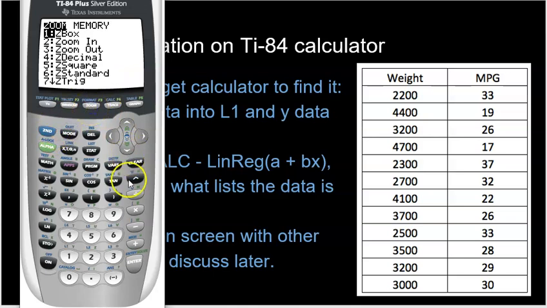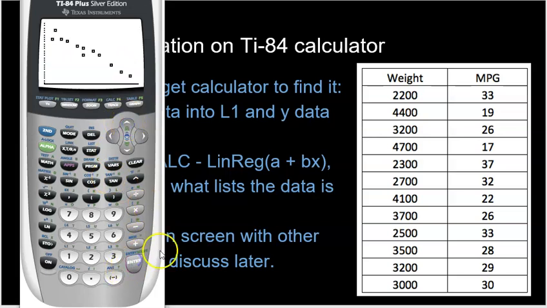And then remember Zoom 9. Zoom 9 is ZoomStat that actually zooms in on anything that we put into the statistics feature of the calculator. So ZoomStat, number 9. All right, so yeah, looks pretty linear. So I think finding correlation is going to be a pretty good idea here to actually measure the strength of this relationship.